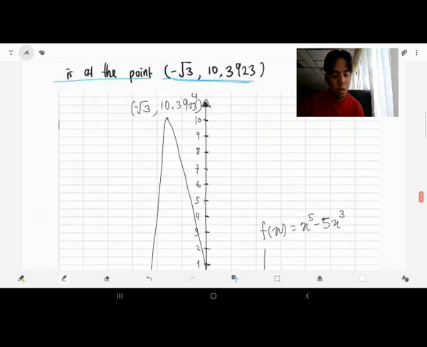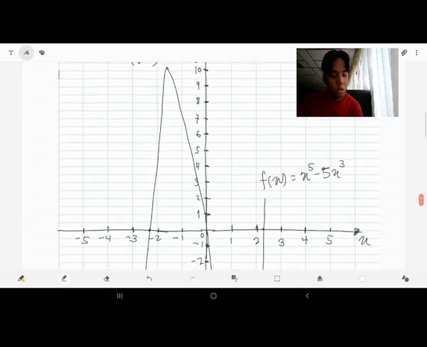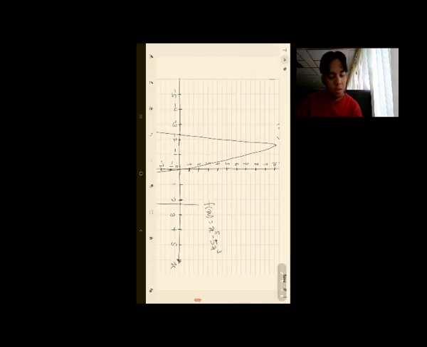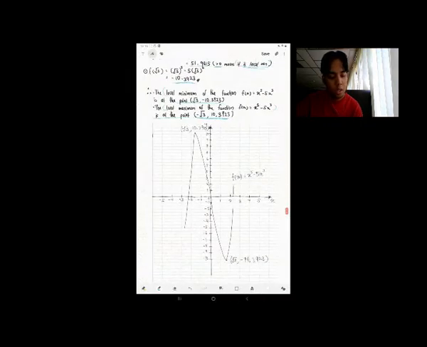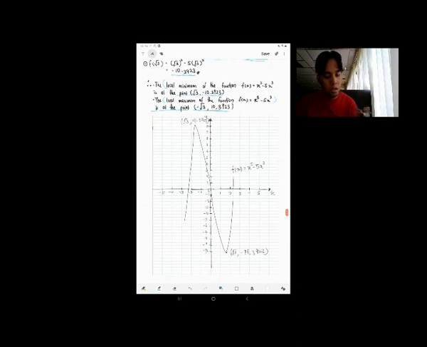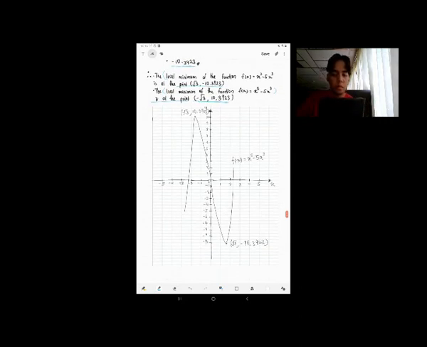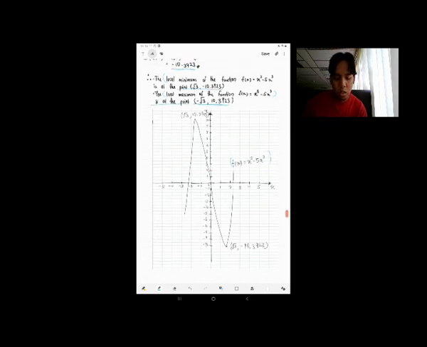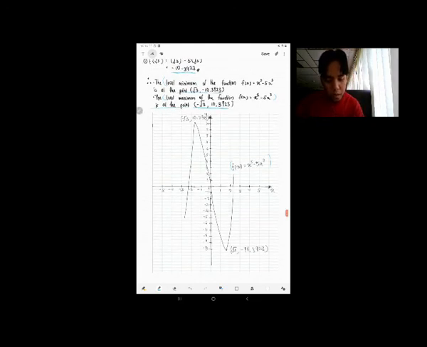Lastly, after we got all the findings from the first to the sixth one, we can sketch the graph like this. You can see that this is the graph of f(x) = x^5 - 5x^3.